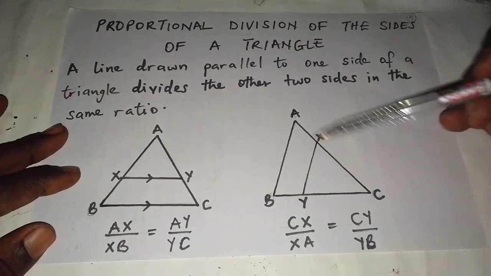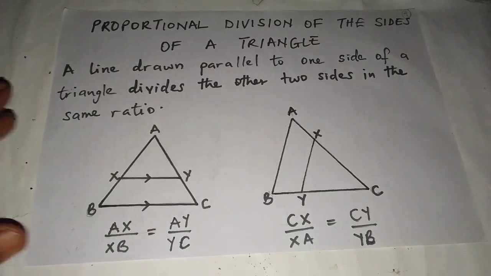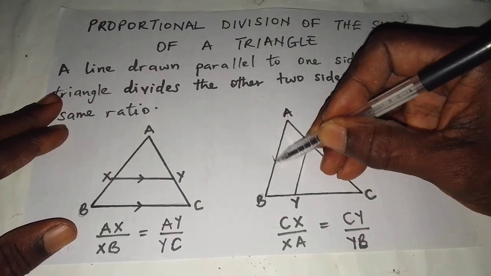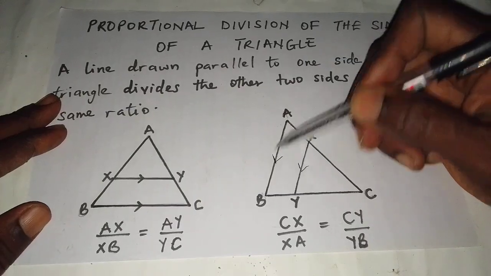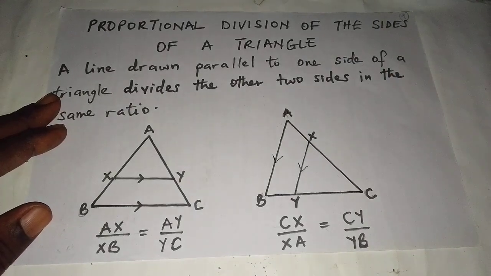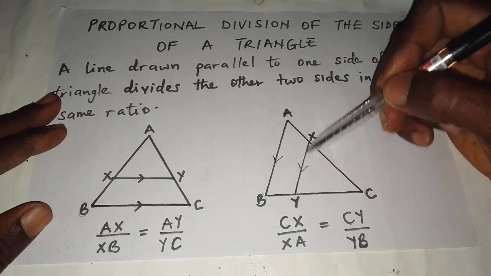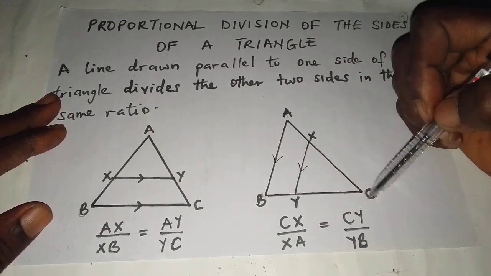Now consider this other triangle. Realize that if we are having this parallel to this line AB, we have a parallel line XY. So this line and this line are parallel. The ratio at which this line divides this side will be equal to the ratio at which it will divide this side.